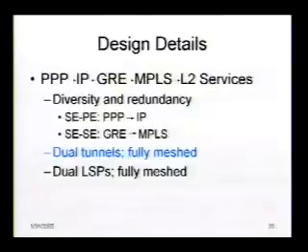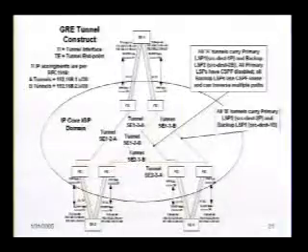And as indicated in that slide, dual GRE tunnels are built to each corresponding SE node to form a full mesh. Here's a view of the fully meshed tunnel construct, and this is indeed actually what we have out there today. We have 3 service edge nodes tying into the IP core.